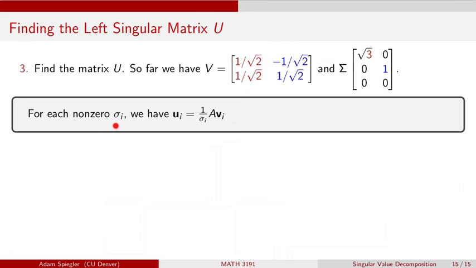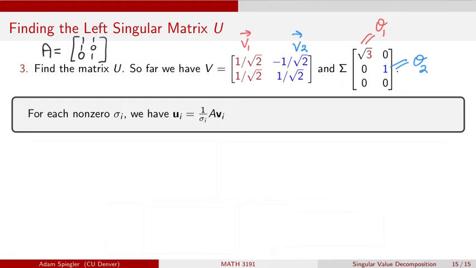For each non-zero singular value sigma sub i, we can find one of the columns of matrix U using this formula: the ith column of matrix U equals 1 over the ith singular value times A times v_i, where v_i denotes the ith column vector of matrix V that we found prior.